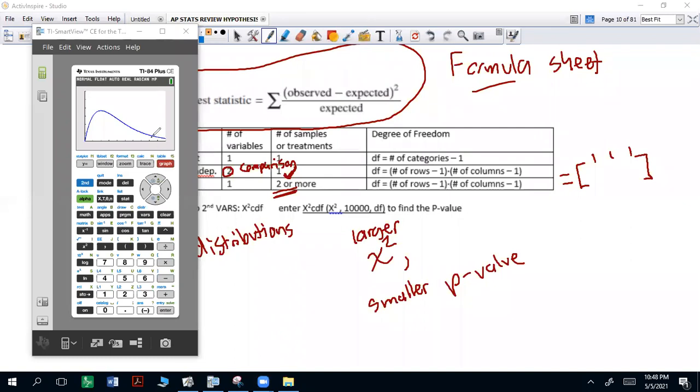And if you get a chi-squared test statistic way out here, it's going to be a smaller p-value. But guys, chi-squared is larger in this direction. So the larger the chi-squared test statistic, the smaller the p-value, we would reject the null. So this 10,000, you can just use 1E99 if you want. That's infinity to find the p-value.